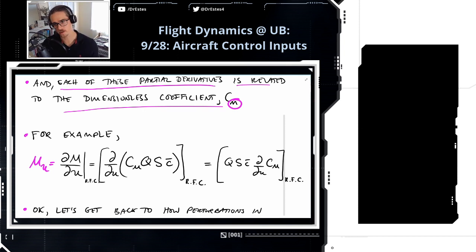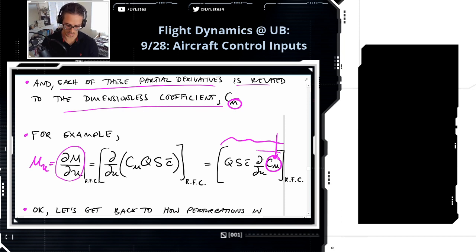So when we do those partial derivatives, ultimately it's going to come down to an expression like this, because this parameter is the one that we have test data on. They did like a scaled wind tunnel test or whatever, so we don't have data on dM/du directly.